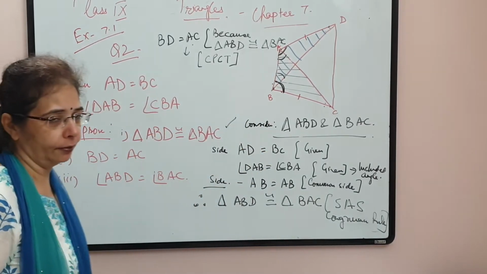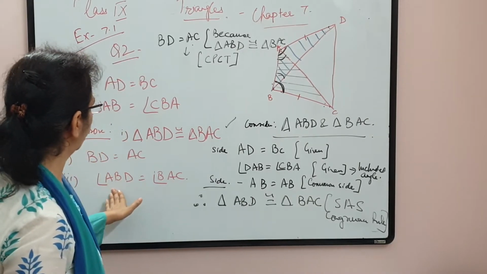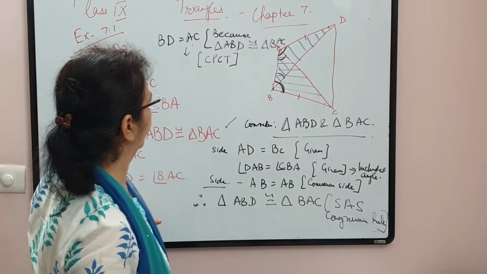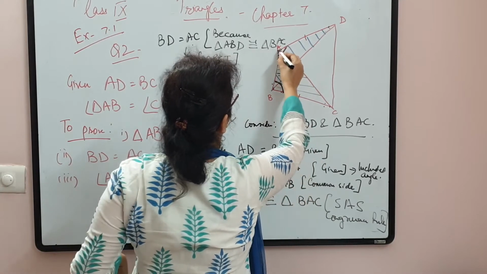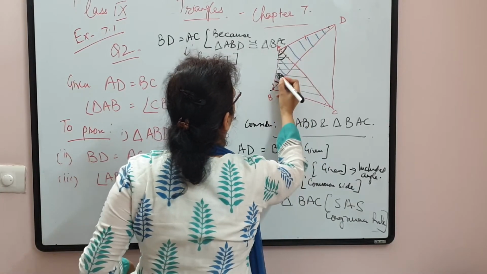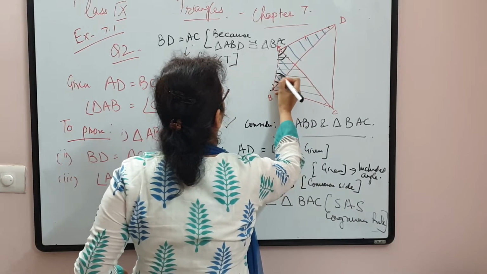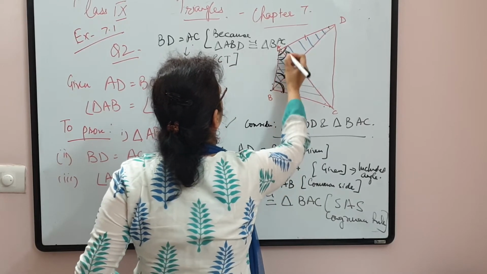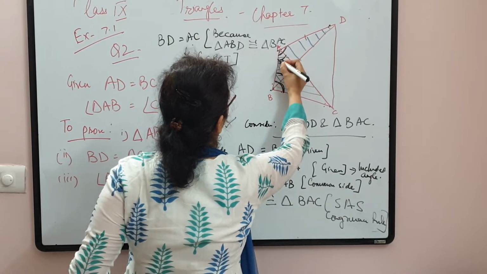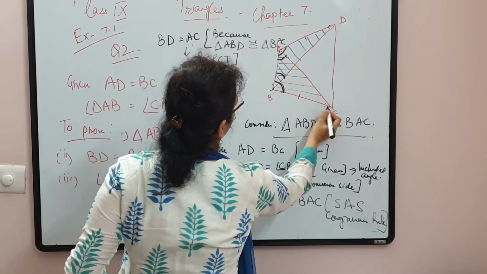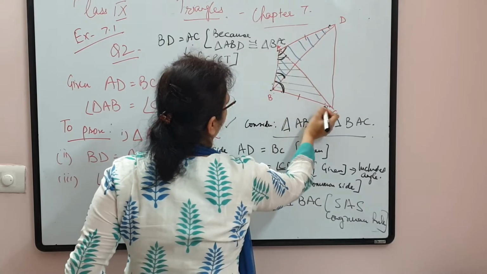What you have to see in this, children, is what is the side corresponding to angle ABD, this angle? What is the side opposite to this angle? It is AD. And what is the side opposite to this angle? BC. And we know that AD is equal to BC.